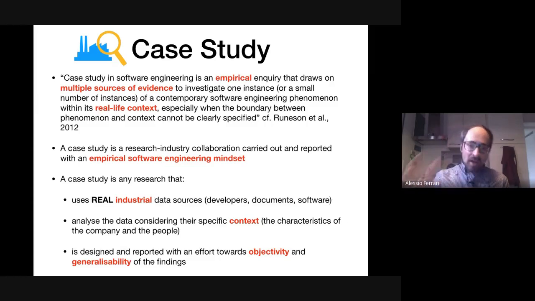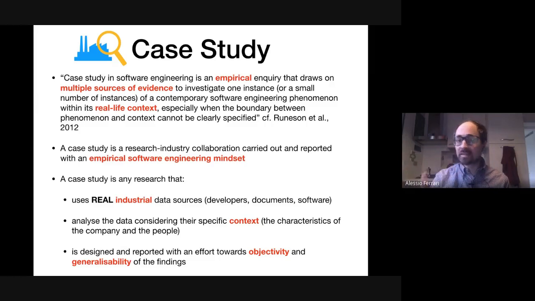This is a quite long and somewhat complex definition, but your attention should focus on a few fundamental elements. Multiple sources of evidence: you want to consider different types of data from different points of view.